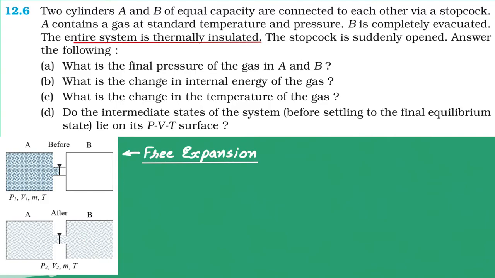So the first thing we can write is that here work delta W is always 0. Also, the entire system is thermally insulated. So we can also write that here heat delta Q is also 0.